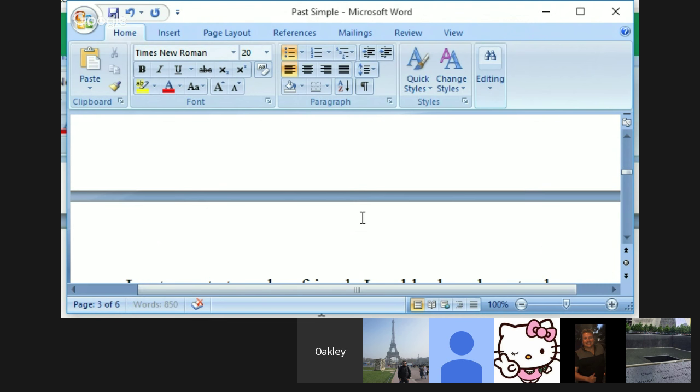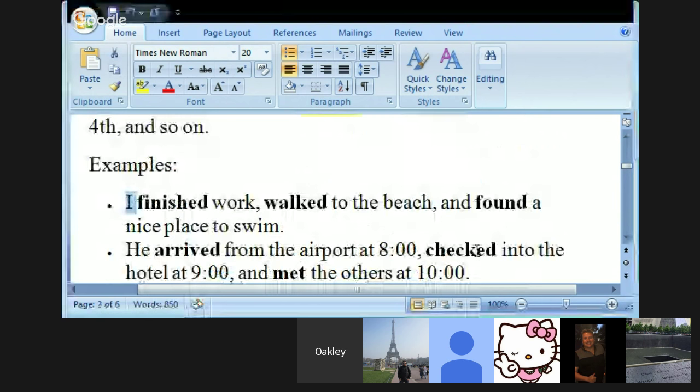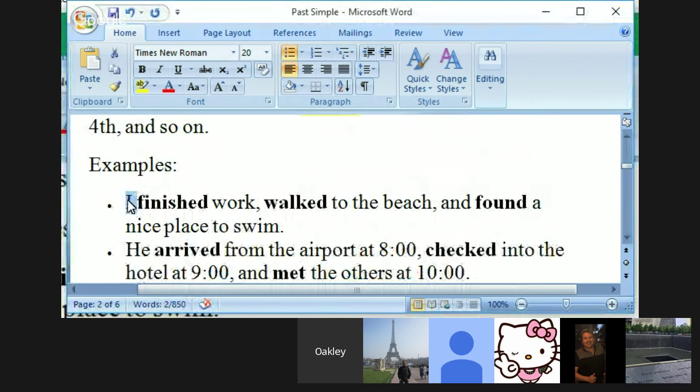All right, I want to look at something here. Notice the listing here. I'm not adding another subject noun, so it's not another clause. I finished work. I walked to the beach. It's still I is the subject noun. So this is a subject, verb, verb, verb.